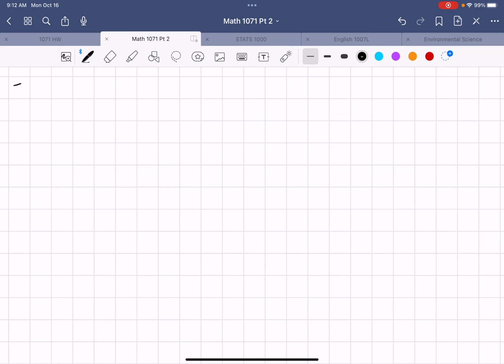So y is equal to a x to the negative 0.175.